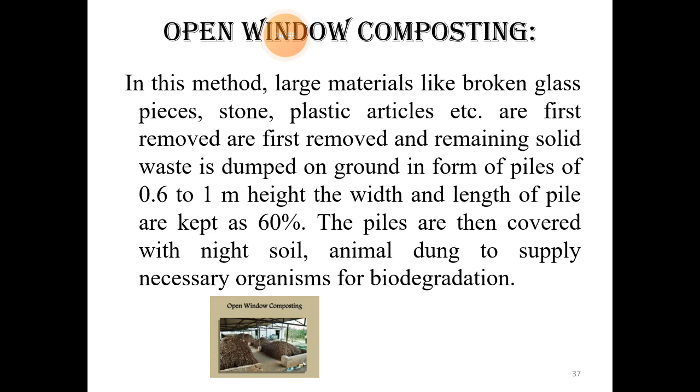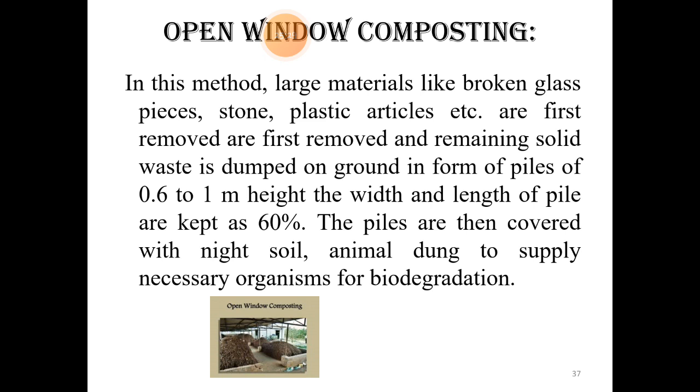The second method of composting is the open window composting method. In this method, non-degradable waste like glass pieces, stones, plastics, etc. are first removed or separated, and the leftover organic waste is then piled to 1 meter height, and these piles were later covered with soil, animal dung, etc. for the biodegradation process to get the humus.